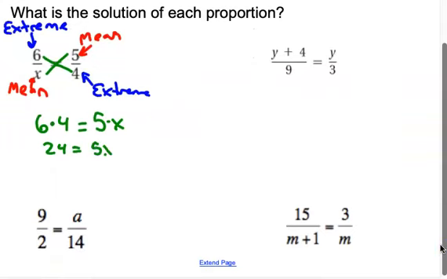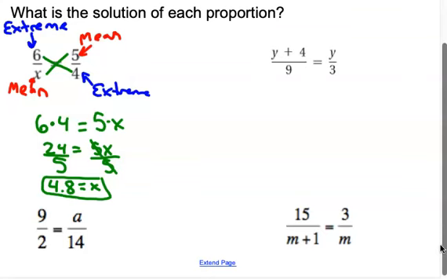That's equal to 5x. We're solving this for x, so we're going to divide both sides by 5 so that we can get cancellation there. Why don't we just use this as a decimal? This would be 4.8 equal to x. So x would have to be 4.8. Decimals are going to happen, not a problem.